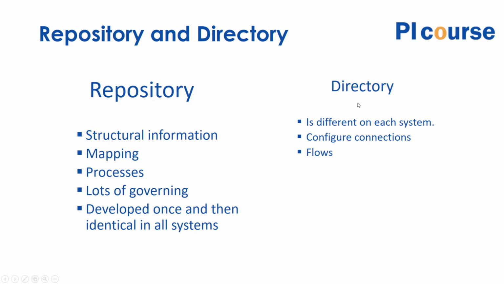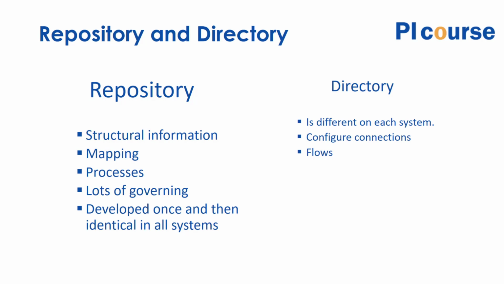The directory, on the other hand, is kind of different in each system, and the logical reason for this is obviously your test system is called something differently than your productive system, and you want to use it differently. So that's why they're called differently.